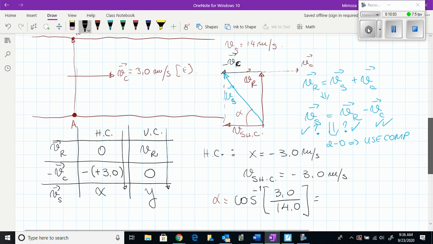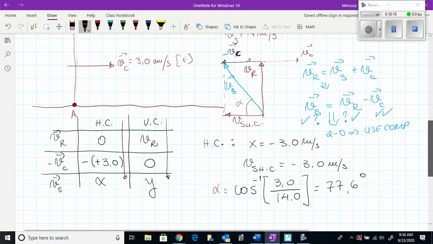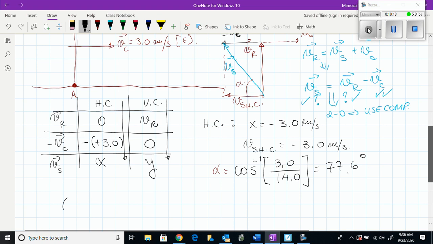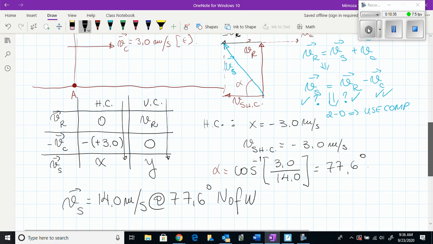And then in your calculator, 3 over 14 will be equal to 77.6 degrees. So you can say that the velocity of the swimmer will be 14 meters per second at 77.6 degrees, north of west, or with the shore.